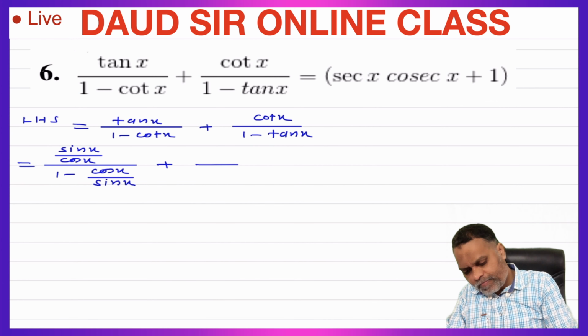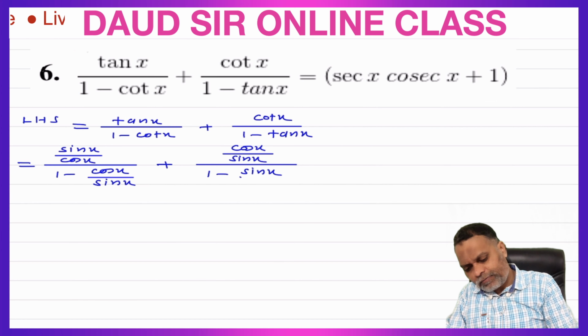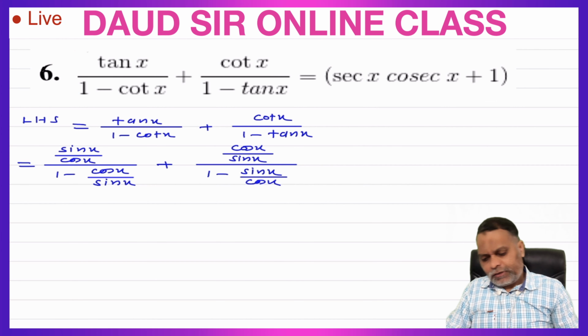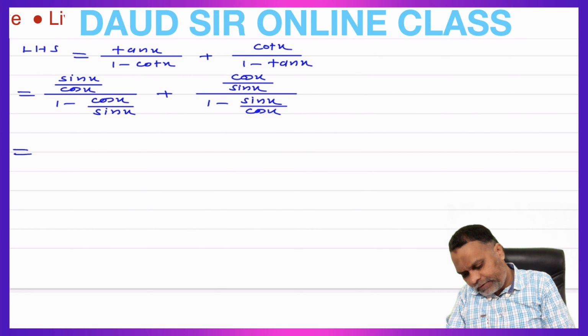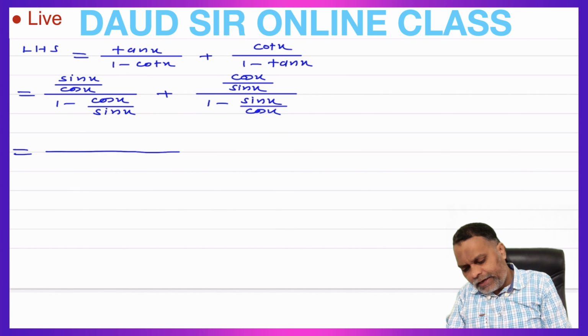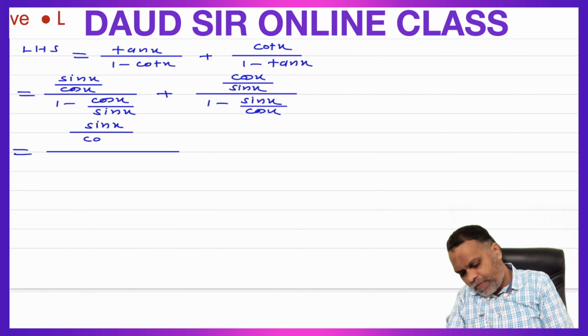Plus cot x, cos x upon sin x, and this 1 minus tan x can be written sin x upon cos x. Simplify these two parts by taking LCM. In numerator, write this sin x upon cos x as it is.